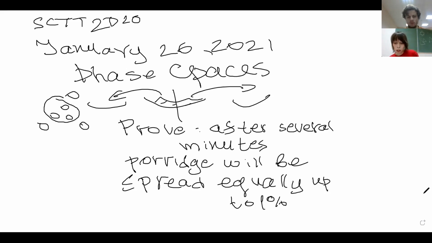And actually, there are different ways to solve this problem. And we will show you, I think, the easiest and most beautiful way. And it looks like this. Suppose that the first kid has X amount of porridge.